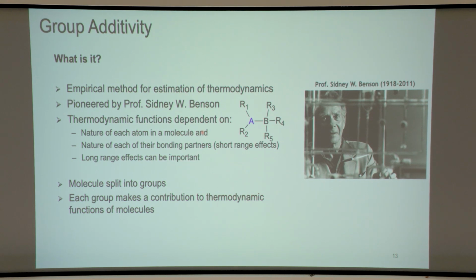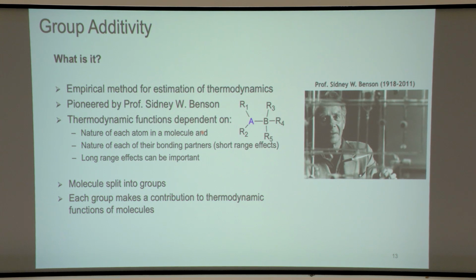He pioneered a method called group additivity, which said that the thermodynamic function depends on the nature of the structure of the molecule. So he already knew that the structure of the molecule should determine the enthalpy of formation, the entropy of formation, and the heat capacity. And in those days, he could not calculate the actual bond energies from first principles.